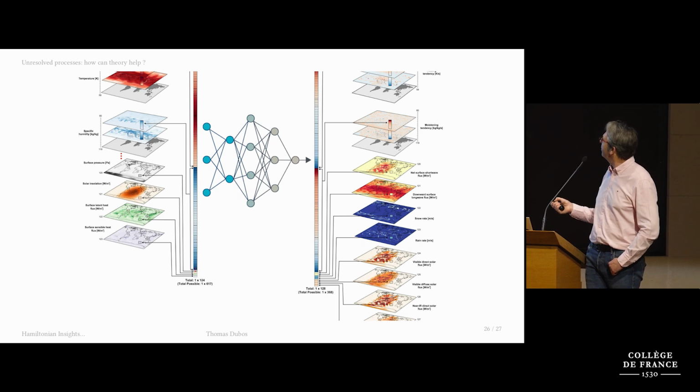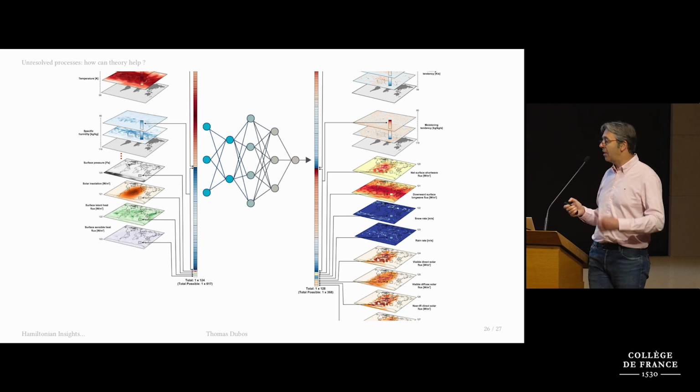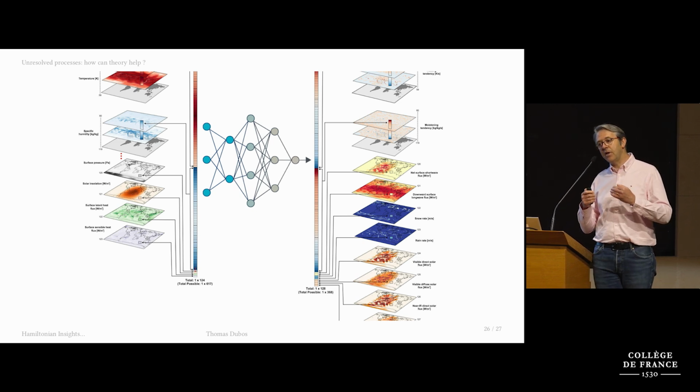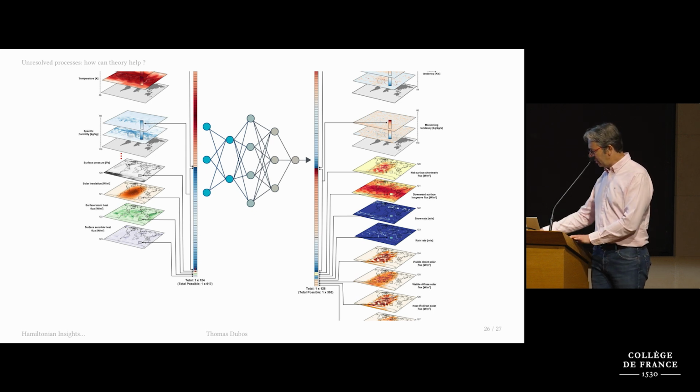For instance, I see here that we have some fluxes, right? So if the outputs are energy fluxes, then we can ensure that the model has some notion of conservation of energy. If the outputs are directly temperature tendencies, then anything is possible. Okay, so that's my concluding slide.